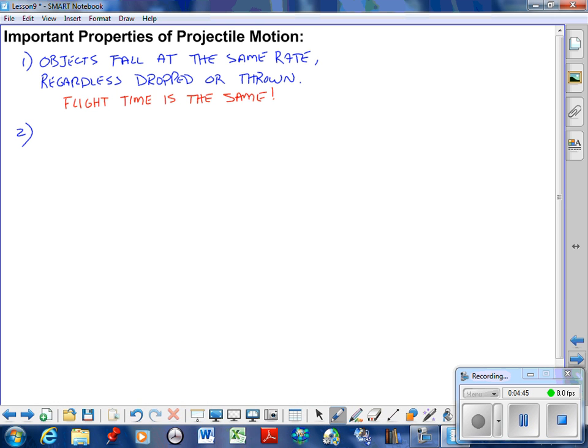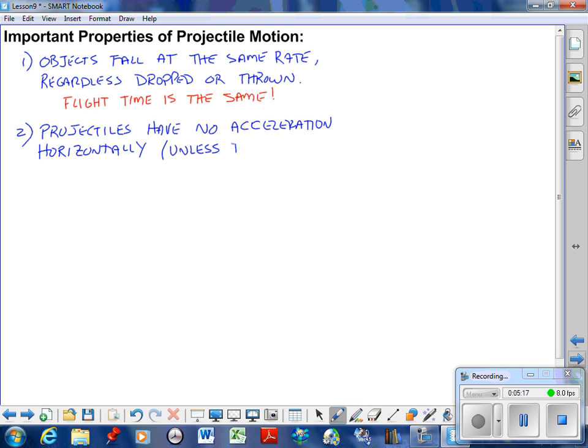Number two, projectiles have no acceleration horizontally. And I'll put in brackets here, because in this course, they're going to have uniform motion horizontally, unless they have a jetpack.